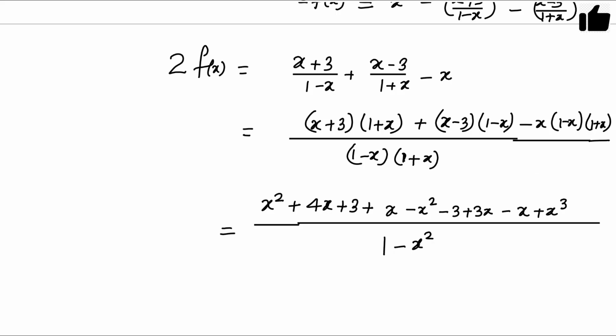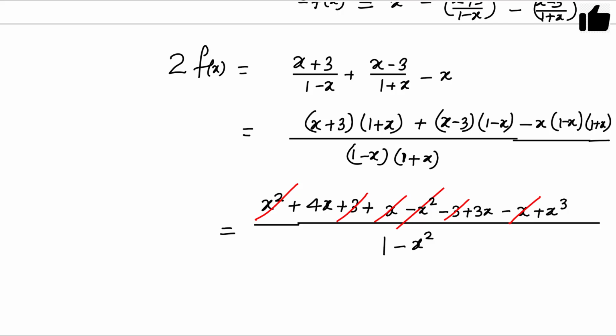Now let us see how many terms get cancelled. So you have x square with negative sign, x square with positive sign, minus x plus x, minus 3 plus 3.